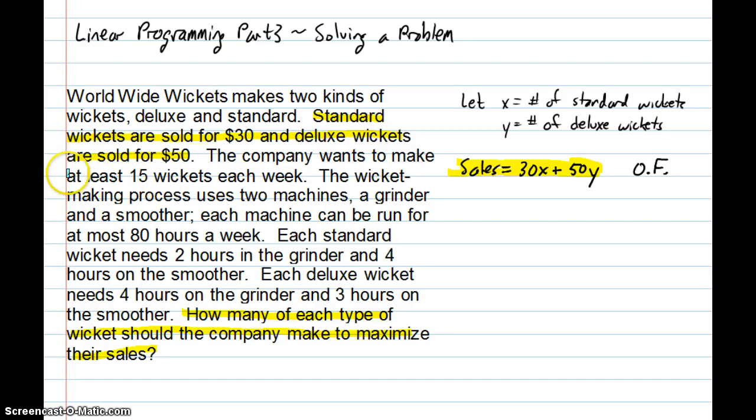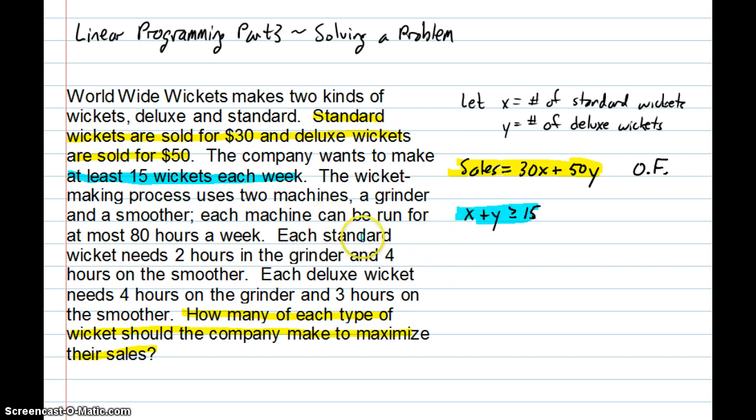If they want at least 15 wickets total each week, I've got to have the standard plus the deluxe. It's got to be at least 15. So I want that sum, all the wickets they make, to be bigger than or equal to 15. So that's that piece.